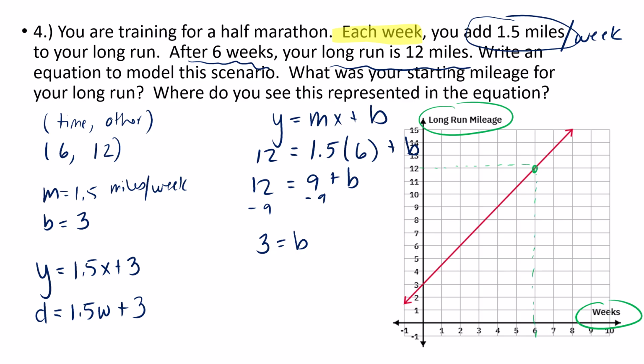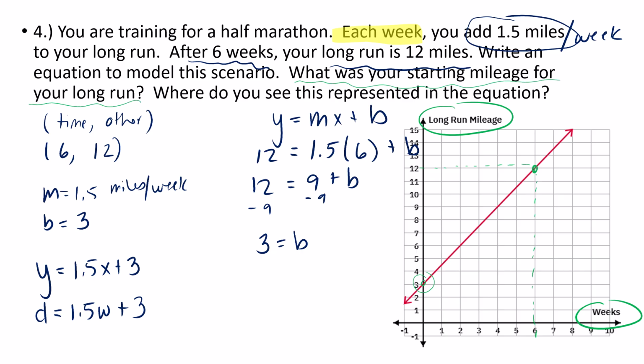In a pinch, you could go back using the slope of 1.5: down 1.5, back 1, down 1.5, back 1. So you'd do negative over negative, and you could work your way backwards and find the y-intercept. The other question we were asked is, what was your starting mileage for your long run?